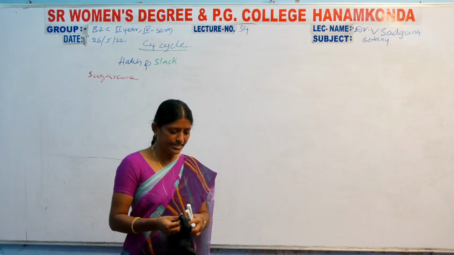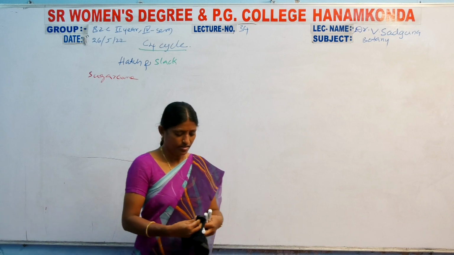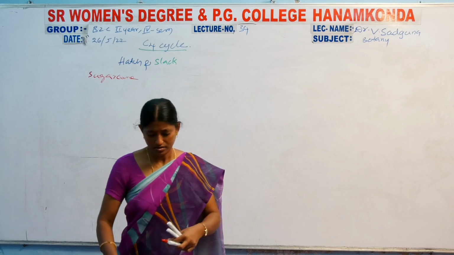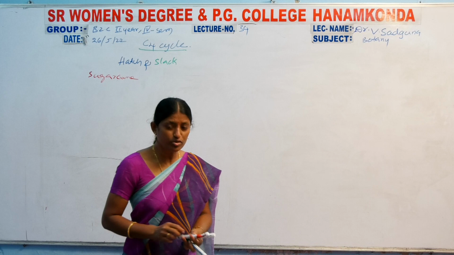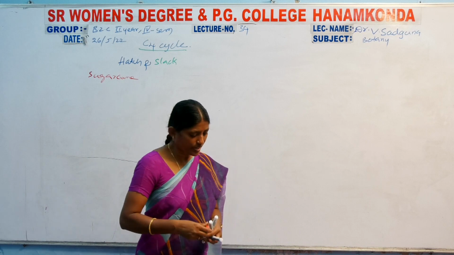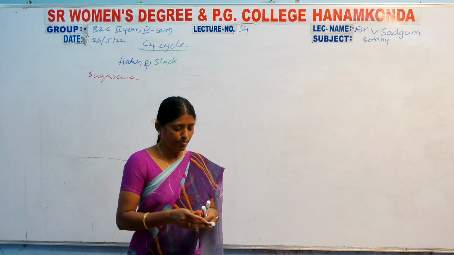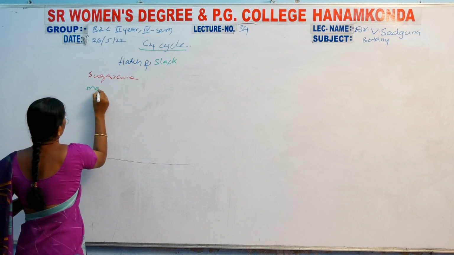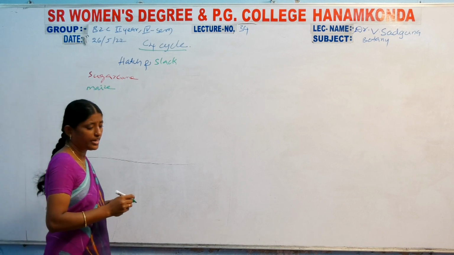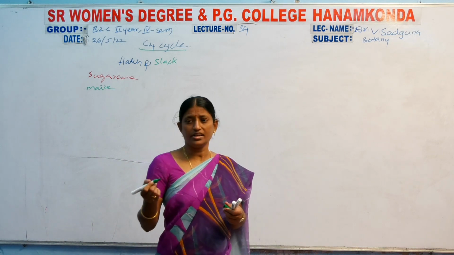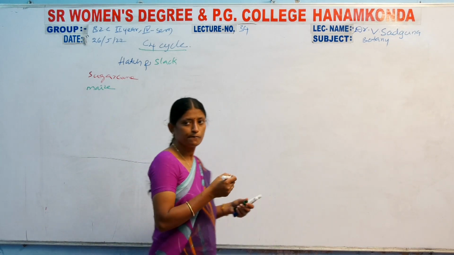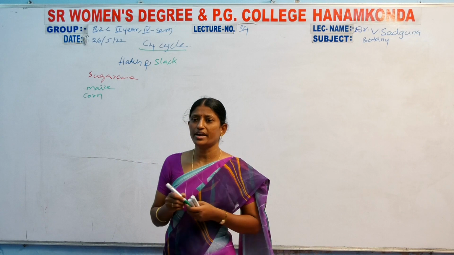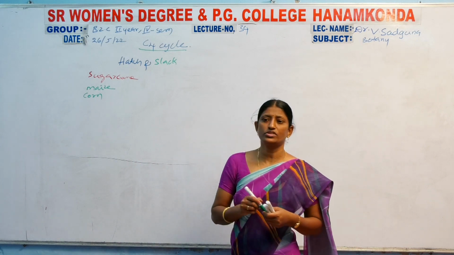Most of these plants are sugarcane, maize, and corn. Sugarcane, maize, and corn plants participate in the C4 cycle.